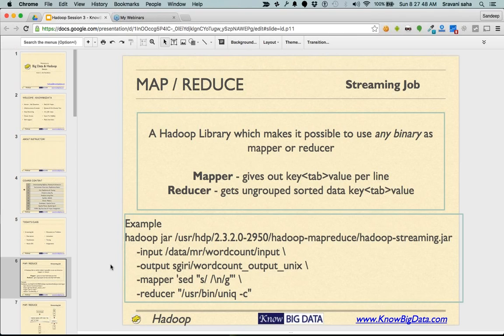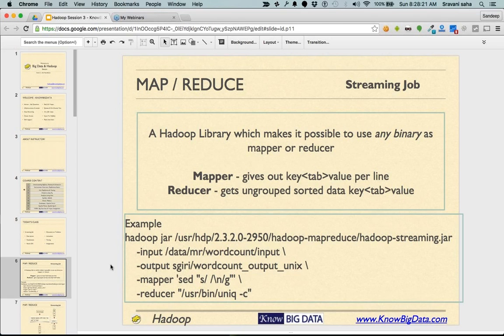So somebody wrote a MapReduce Java library which does nothing but call external programs for mapper and reducer, and those external programs you can specify in the arguments. The only difference is there are minor format differences. The first difference is that the mapper gives out the key and value separated by a tab.